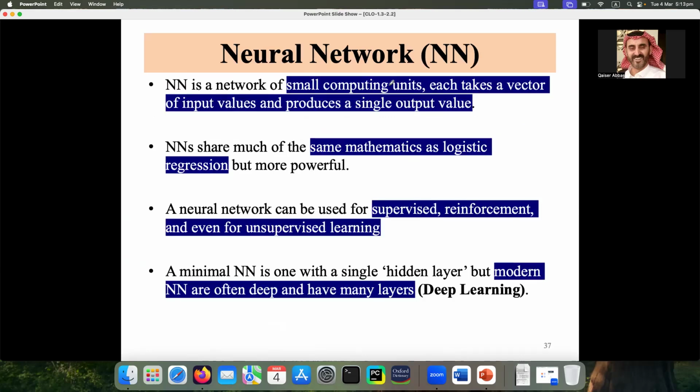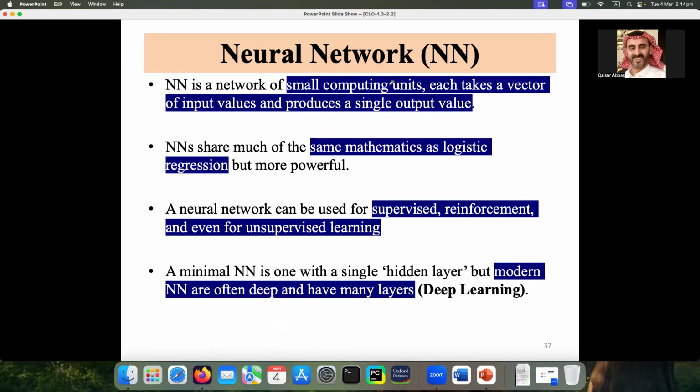So neural network you have already studied in your previous course. Normally I will not talk about the neurons that we have as humans. Some slides will come, but I will skip them speedily.